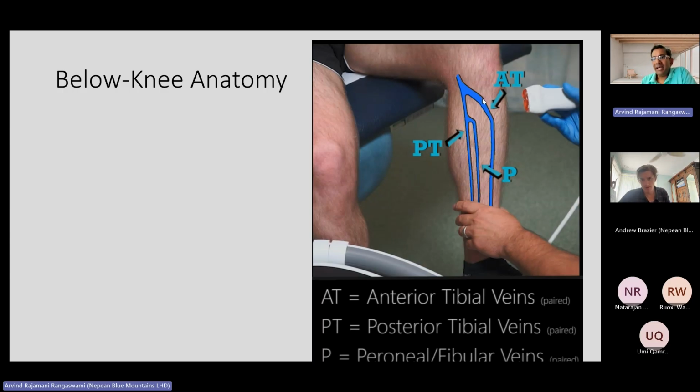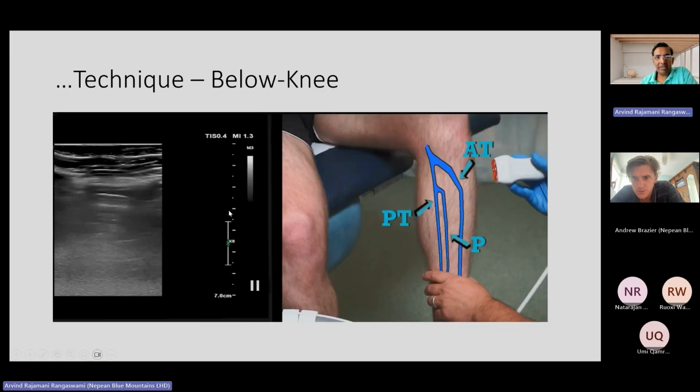Below the knee, you have 3 veins. You have the anterior tibial vein, you have the posterior tibial vein, and you have the peroneal vein in between. The tibial tuberosity is your landmark, and you just have to scan lateral to the tibial tuberosity, and you'll get the anterior tibial vein. And as you go posteriorly, you'll get the posterior, and in between you'll have the peroneal.